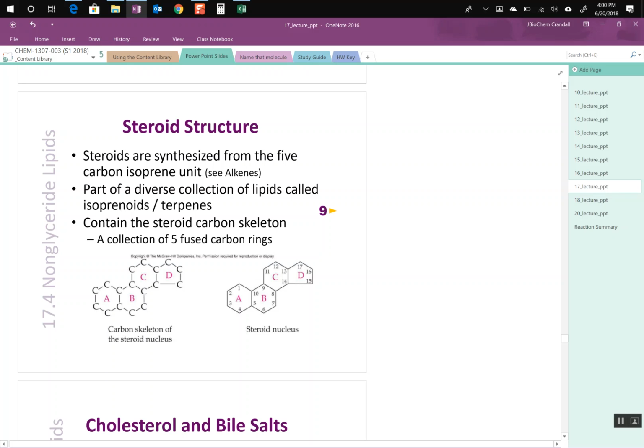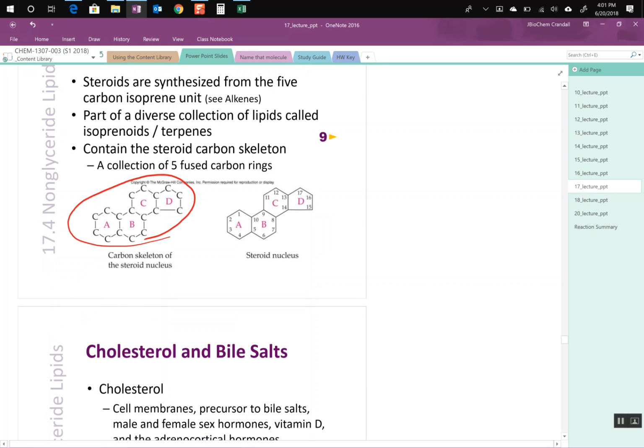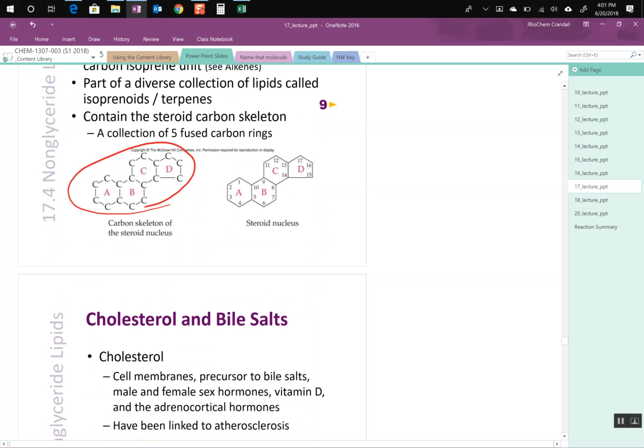And growth hormone is a type, okay, but it's not the only type. And so steroids are synthesized from these basic carbon skeletons. So this is the basic carbon skeleton of a steroid molecule. We call it the steroid nucleus, okay? And as you change parts of that steroid nucleus, you'd get different steroid hormones or molecules that would act as messengers.